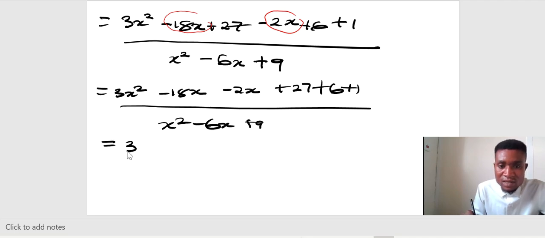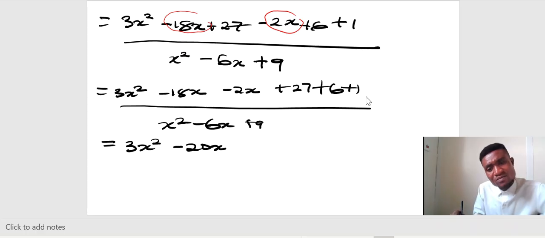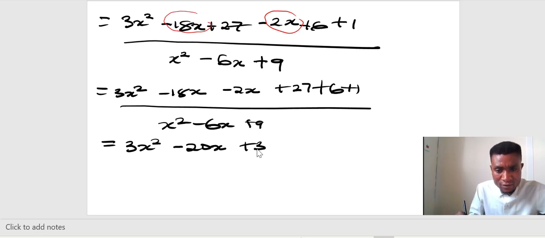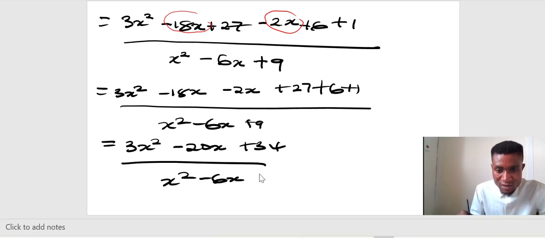Here 3x squared, minus 18x minus 2x gives us minus 20x. 27 plus 1 is 28, plus 6 we have 34. So 34 divided by x squared minus 6x plus 9.